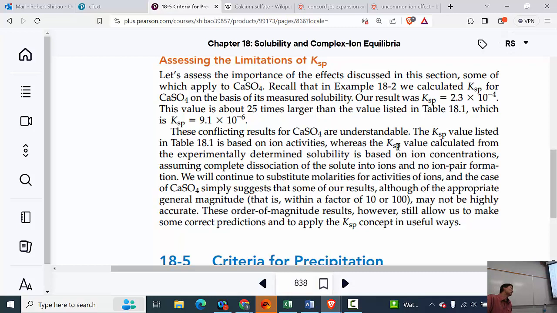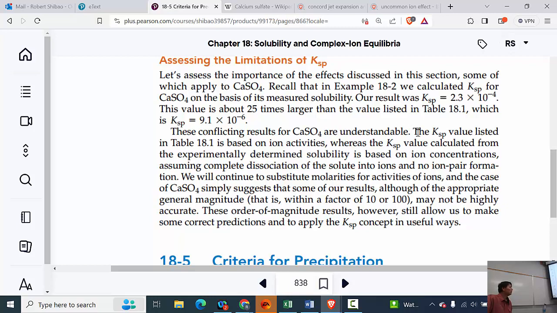This is difficult to read, I'm sure. The Ksp value in table 18.1 is based on activities, whereas the Ksp value calculated... that's kind of hard to remember.